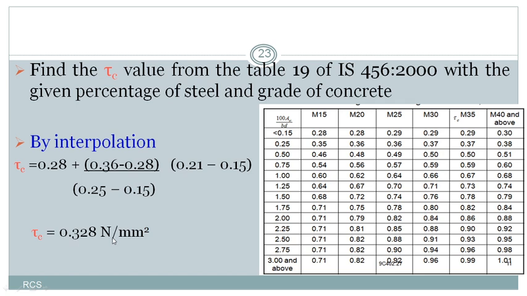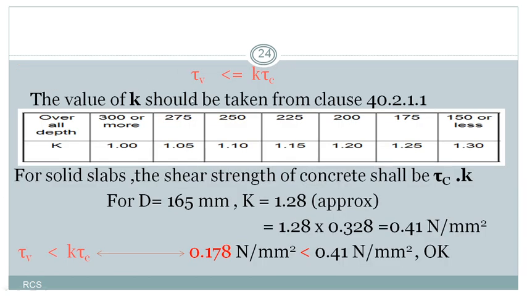To say our slab is safe against shear, it has to satisfy one more condition, that is, the nominal shear stress must be less than or equal to K times tau C. This K value depends upon the overall depth of the slab. The values are given in the code IS 456 2000, clause number 40.2.1.1.